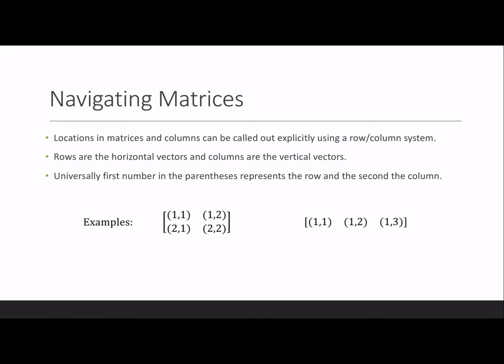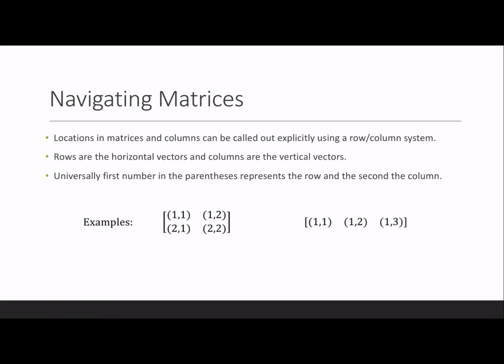There's a very standard way to identify a specific datum within a matrix. The first number located in the parentheses is going to be the row, followed by a comma, and then the second number is going to be the column.